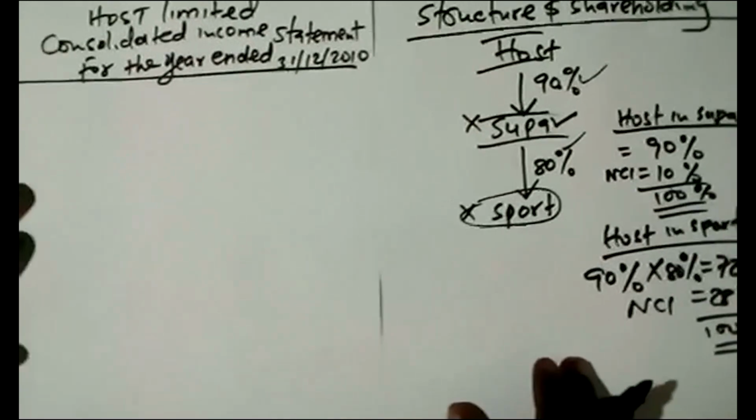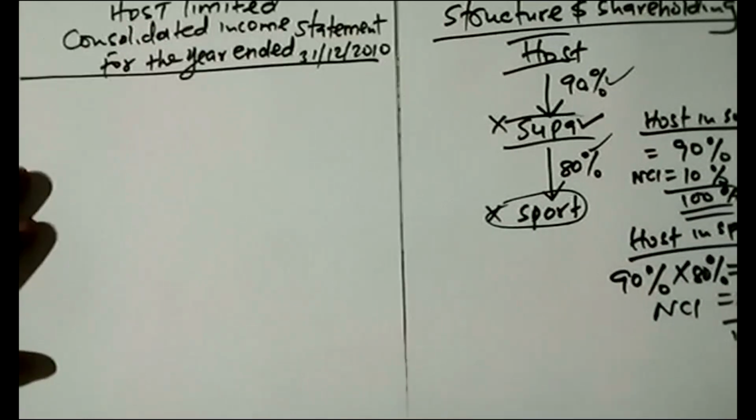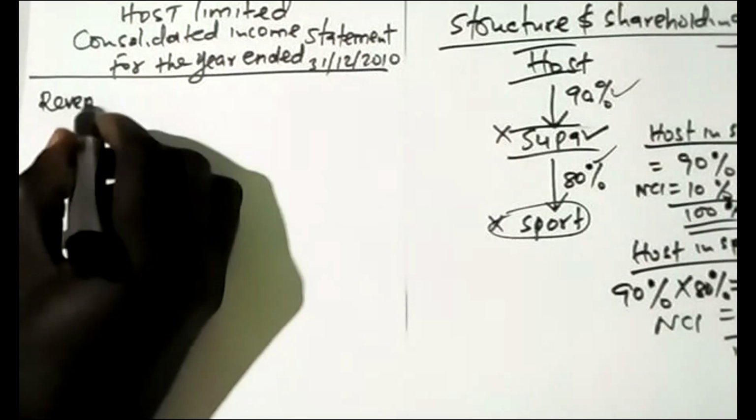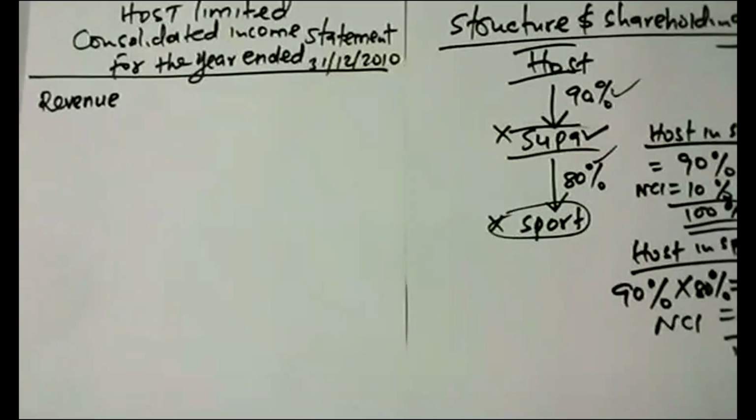Then after that, we go back to what I was saying. You start with revenue. Starting with revenue, you check what you are given while considering if the relevant subsidiaries were present in the entire period.